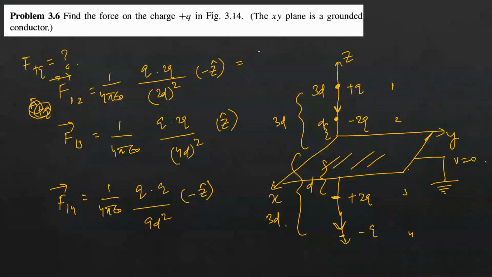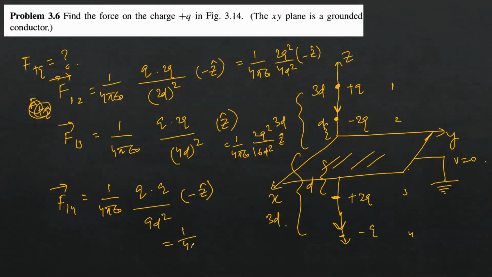Simplifying, we get 1 by 4 pi epsilon naught 2q square by 4d square minus z cap, 1 by 4 pi epsilon naught 2q square by 16d square z cap, and 1 by 4 pi epsilon naught q square by 4d square minus z cap.